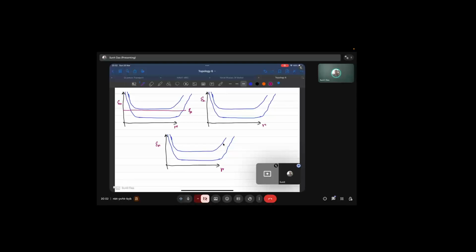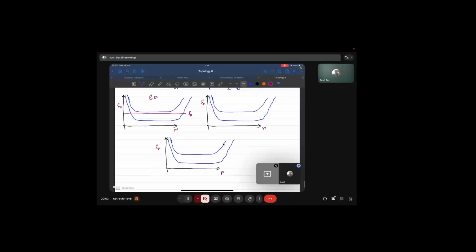Now, what's really happening is that once you increase the magnetic field, let's say this was at some B equal to B1, B equal to B2, where B1 is less than B2, and then B2 is less than B3. Okay, and this is B3.